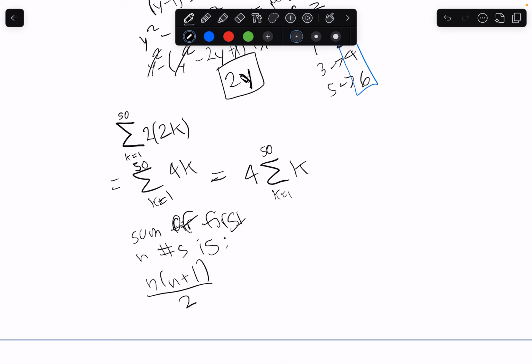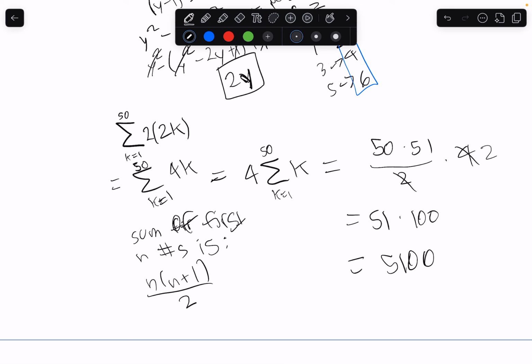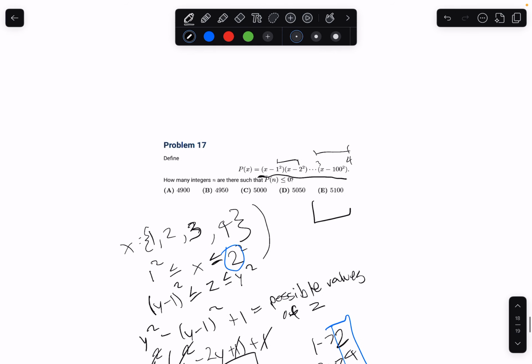So this summation here will just be the sum of the first 50 natural numbers, to be exact. So we have 50 times 51 over 2, times 4. So this becomes a 2, and this is 51 times 100, which equals 5,100. That gives us an answer choice of E.